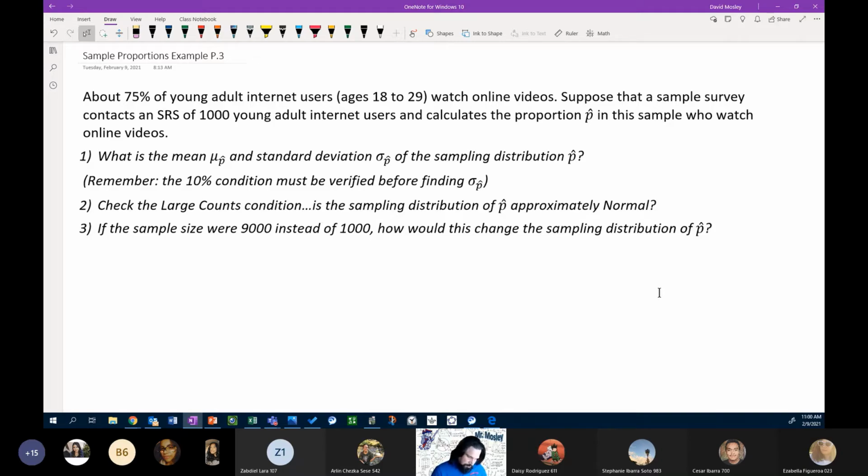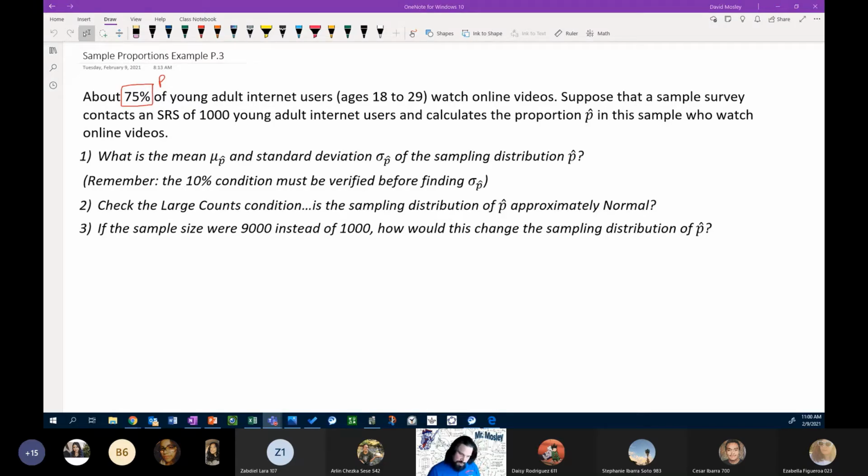So before we jump into the problems, let's just identify the values we were provided. We have 75% as one of our values. This is the parameter p, the proportion of the population, and we're assuming that this is true.